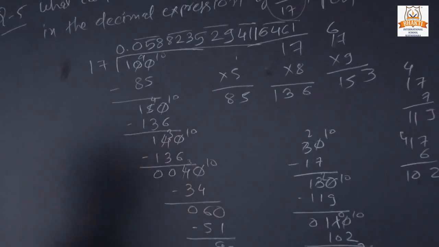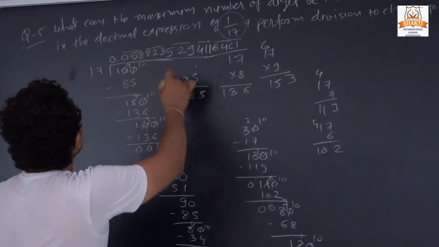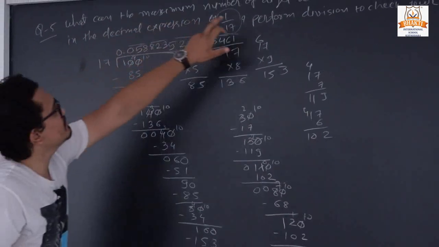So it means, here they are asking what can be the maximum number of digits in the repeating block of digits in the decimal expression.